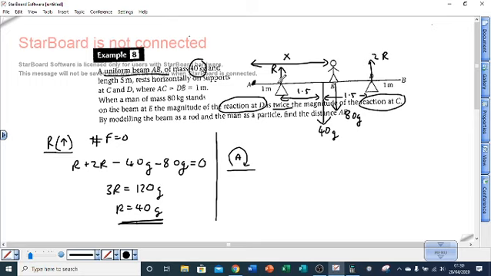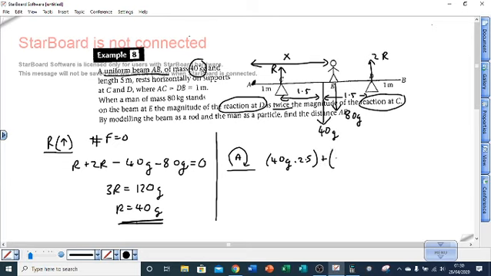So the first clockwise ones I come to are the weight and the man's weight. They're wanting to spin it around point A in a clockwise manner. So in brackets, the first one is 40G, its force, times its perpendicular distance, which is 1.5 plus 1, so 2.5.